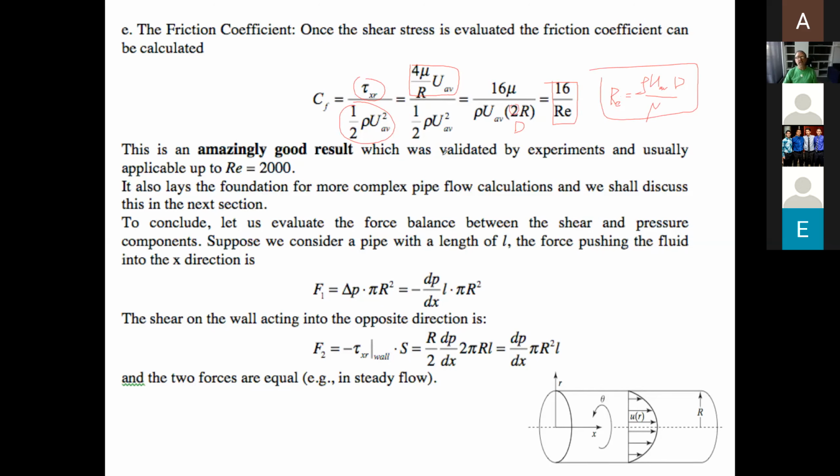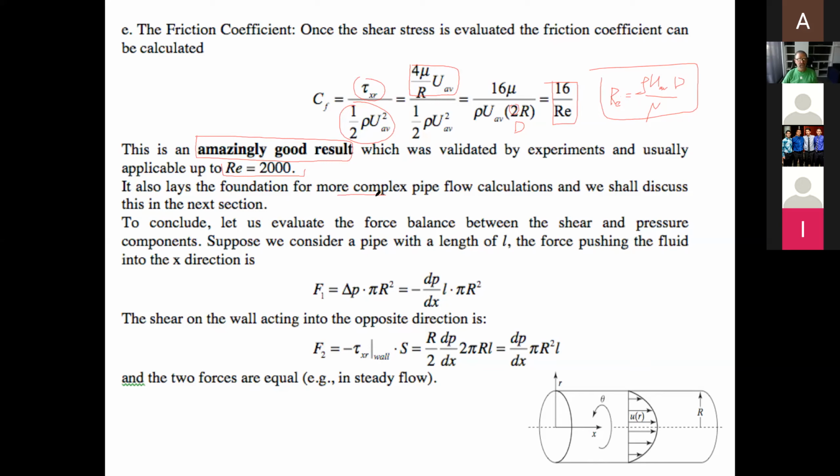Now, I mentioned that this is really an amazing result because this compares perfectly with experimental data, usually up to a Reynolds number of 2000. We'll see the meaning of what I just said in a minute. And I already tried to tell you that it's a foundation for more complex pipe flow shapes and computation.